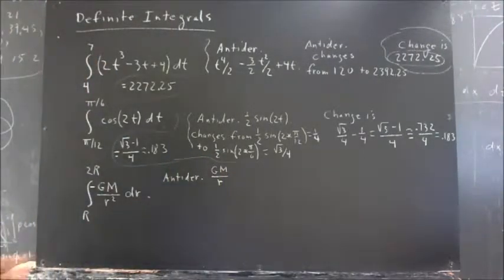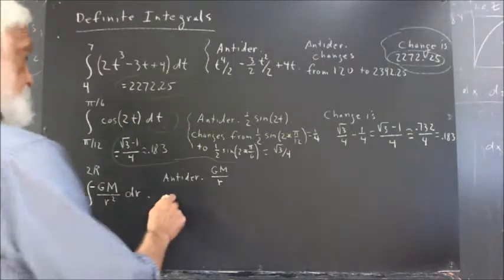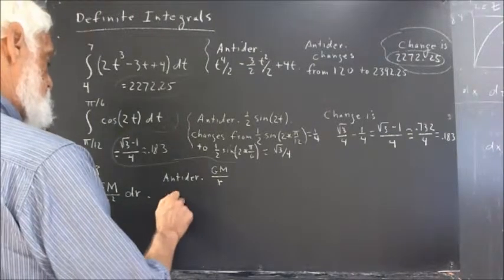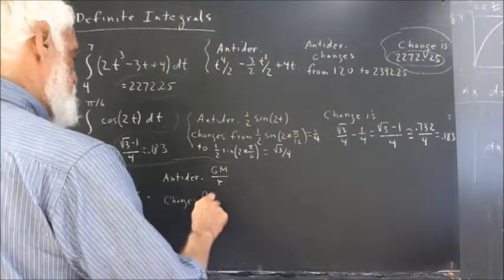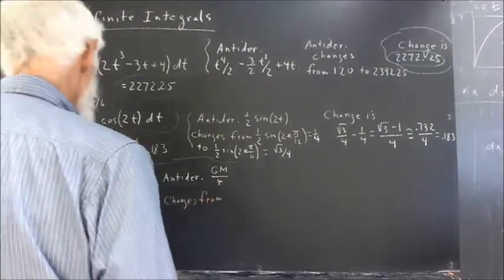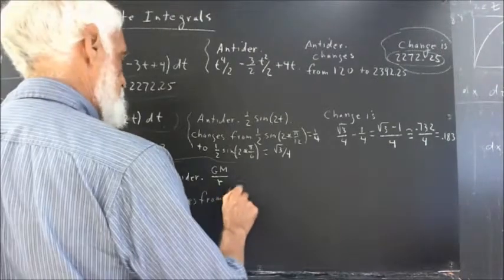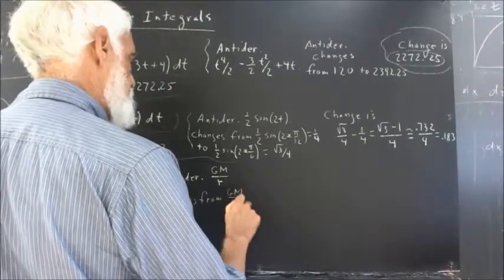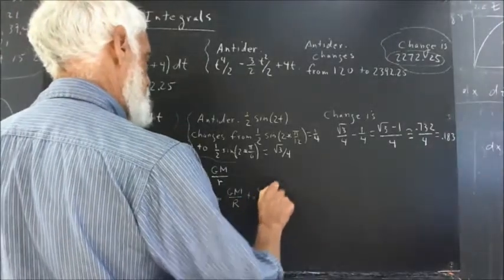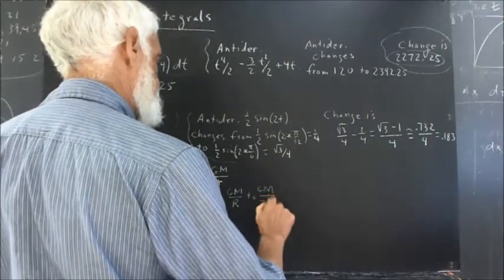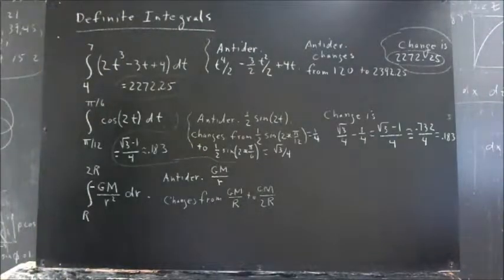So the antiderivative changes from GM over big R to GM over 2 times big R. And what's the change?